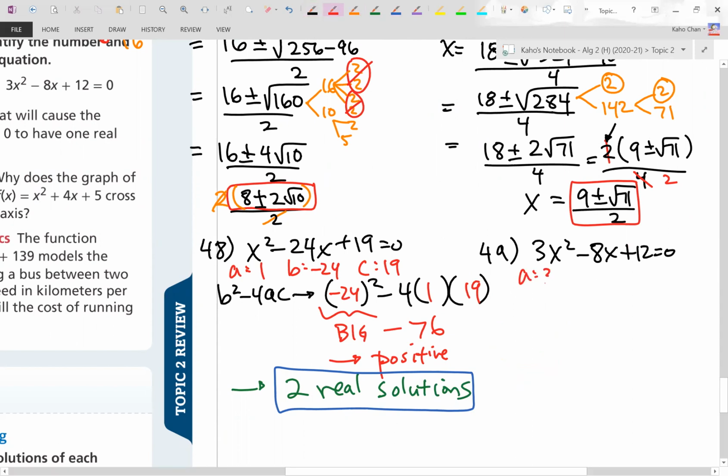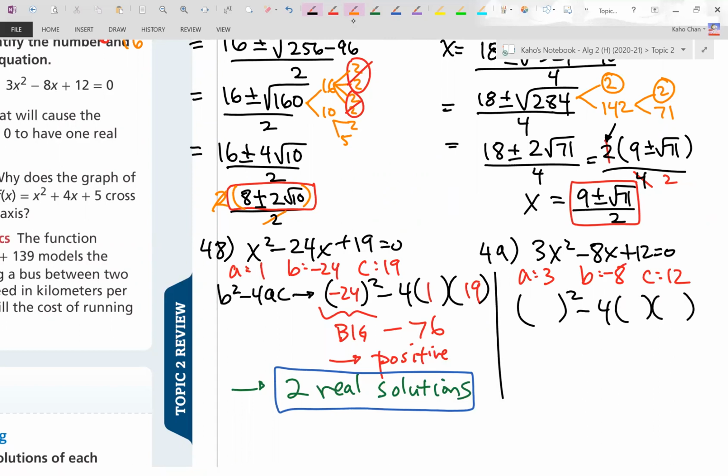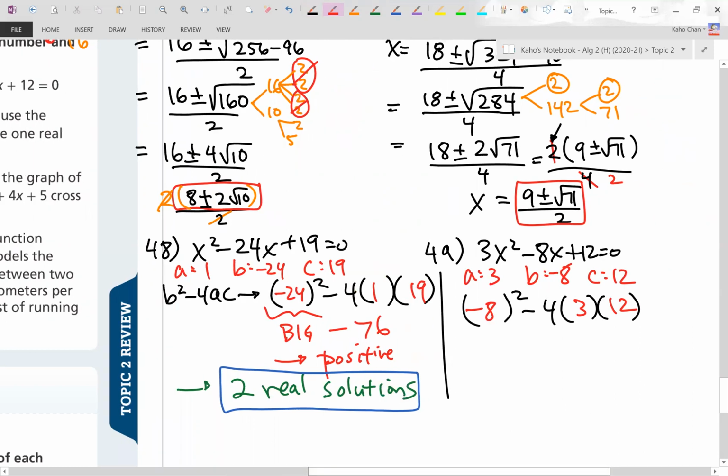A is 3, B is -8, C is 12. Let's plug in B squared minus 4AC. B is -8, A is 3, C is 12. So 8 times 8 is 64, minus 12 times 12.